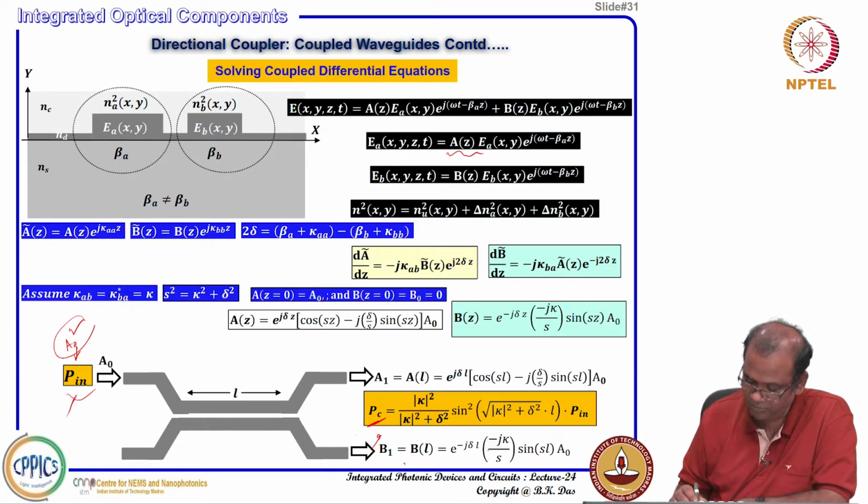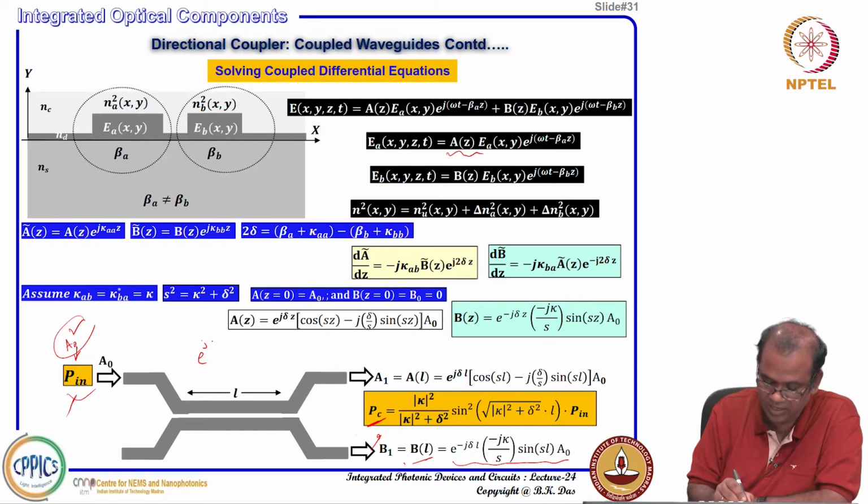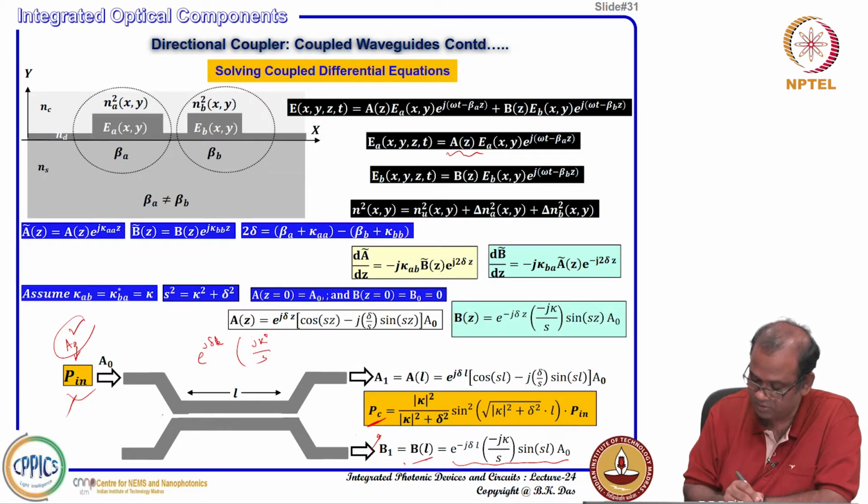So, what I will be doing: this is the amplitude, you take the complex conjugate of this one and multiply with this one, and that will be your coupled power. If you take the complex conjugate of this one, you will get e to the power j delta L, and then j kappa by S sin SL, that is the complex conjugate, multiplied by A naught.